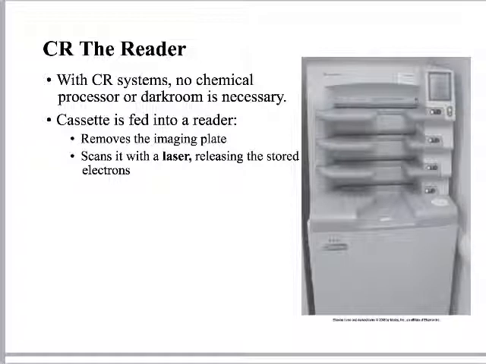When this laser scans over them, they release light. That's what photostimulable phosphor means. It means when it's exposed to light, it releases light. That's what that word means, photostimulable phosphor. When you scan it with a laser, it releases light in response.